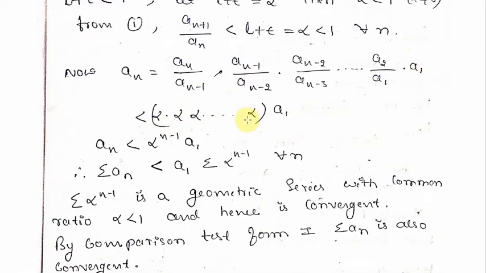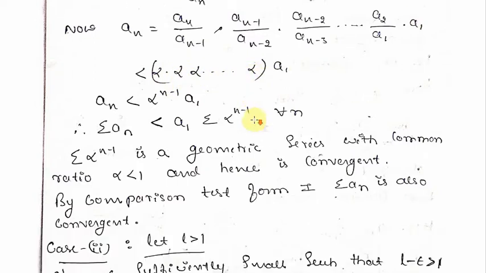Here there are n minus 1 times alpha. So, this product gives alpha to the power n minus 1. So, we have an is less than alpha to the power n minus 1 into a1.